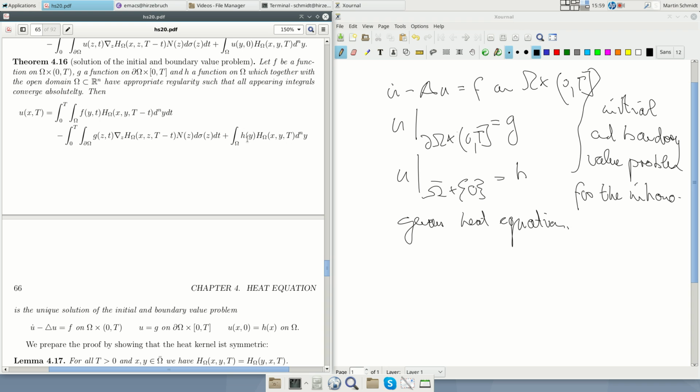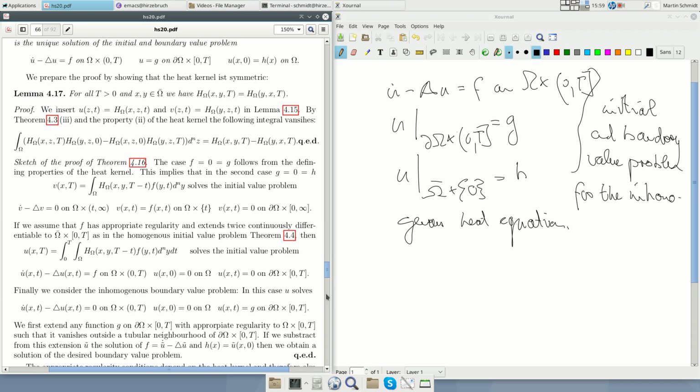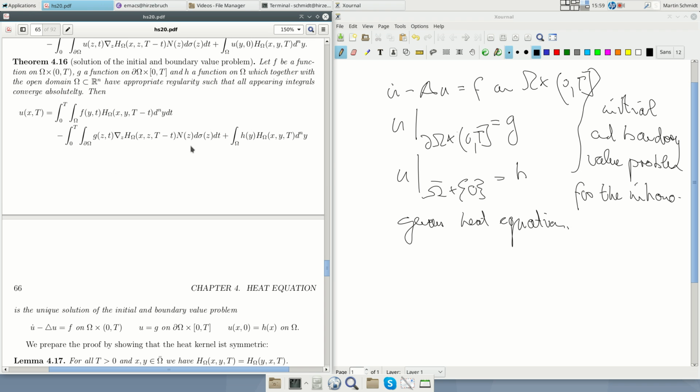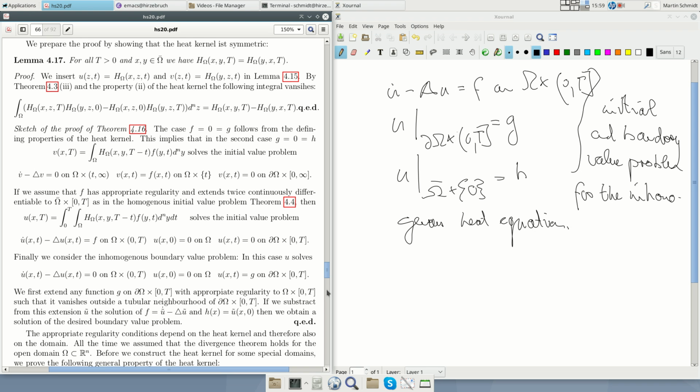If t goes to 0, then we get H. So we really solve the problem, and since this vanishes at the boundary, we have the correct boundary value, and since H solves the homogeneous heat equation, it solves really the initial value problem.